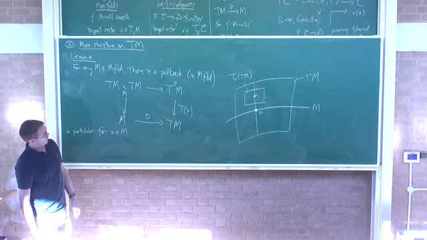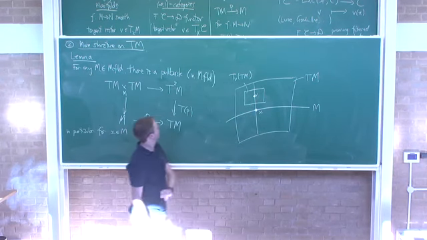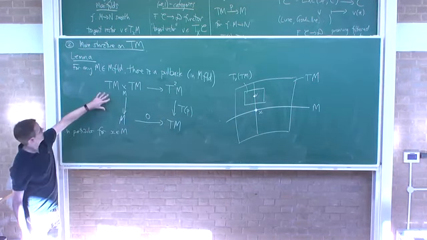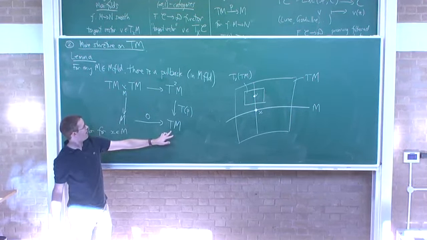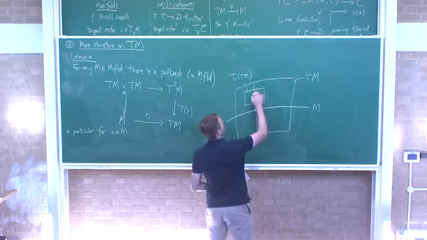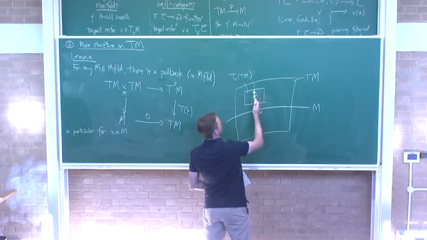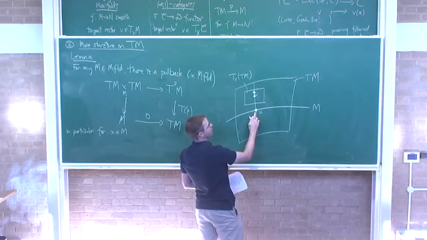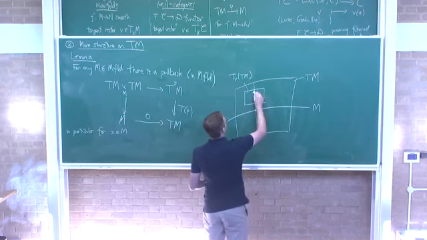So T squared of M is the collection of all of these tangent spaces. What am I interested in in this lemma? I'm interested in something that when you project down to M, you get the zero vector. In this picture, that corresponds to a tangent vector that is vertical over x. So when I project down to M, it's the zero vector.